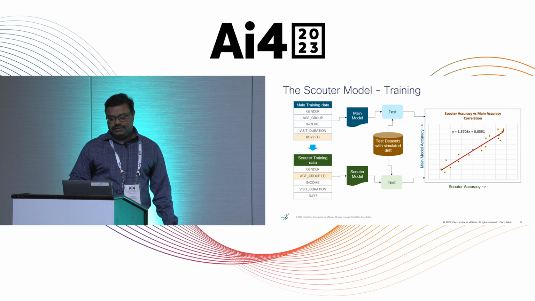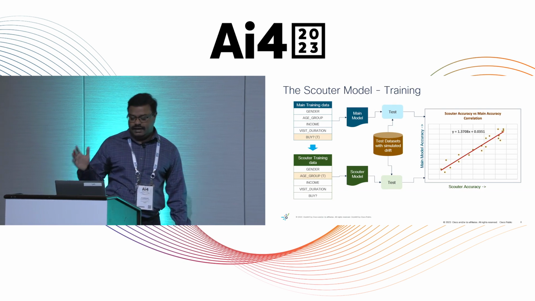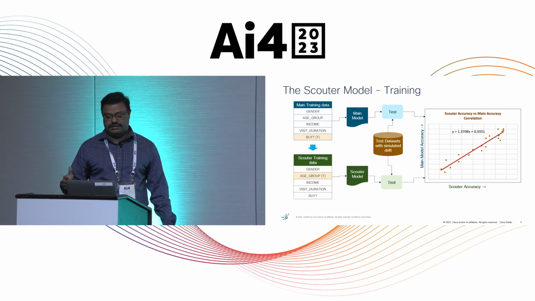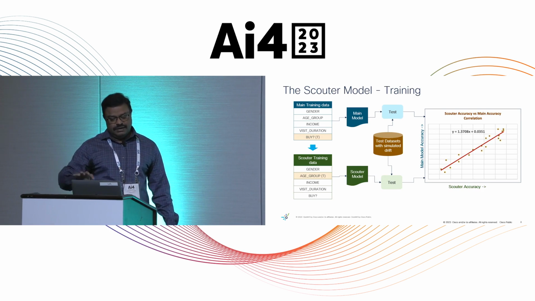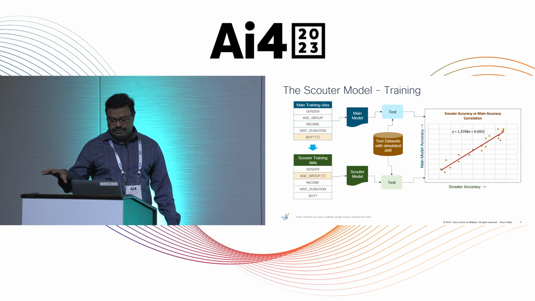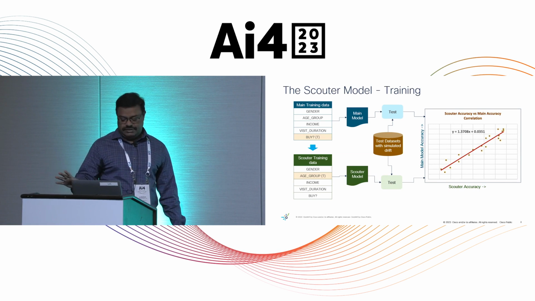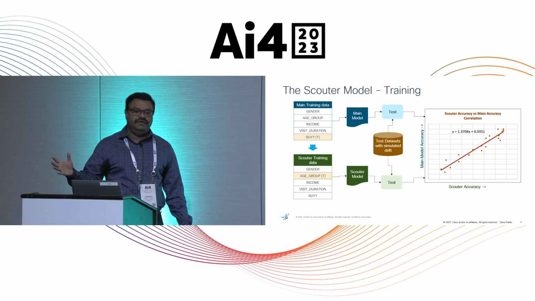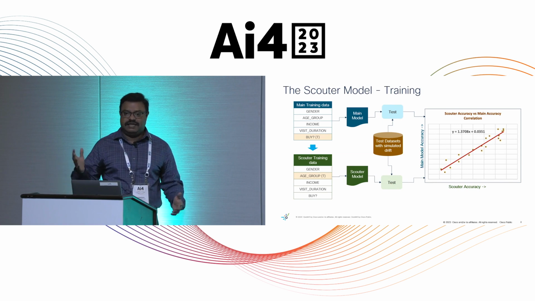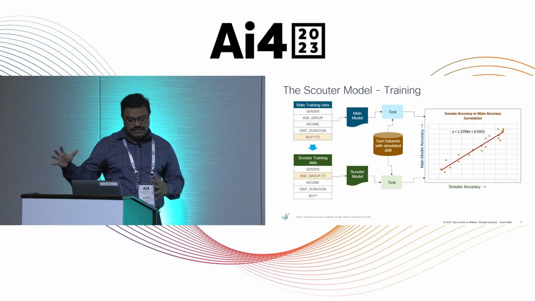Using this, you can establish a relationship between the Scouter model's accuracy and the main model's accuracy. As you can see, this is a very good pattern that you see here. But it depends on the data set and use case. This pattern may vary. It may not be linear. It may sometimes be polynomial, something like that.